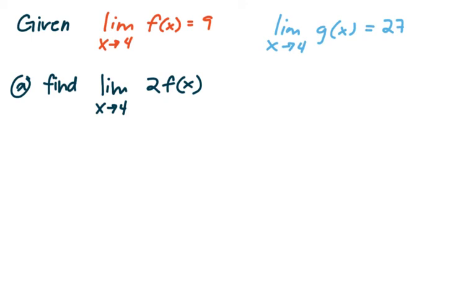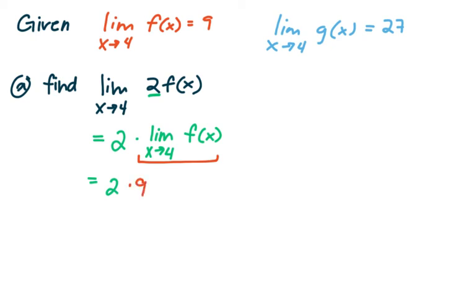So in this situation, we would look at that 2 as a constant multiple, and I'd rewrite this as 2 times, I'll factor that 2 in front, the limit as x approaches 4 of f of x. Now, of course, we know from what was given that the limit as x approaches 4 of f of x equals 9. So this is equal to 2 times 9, or 18.